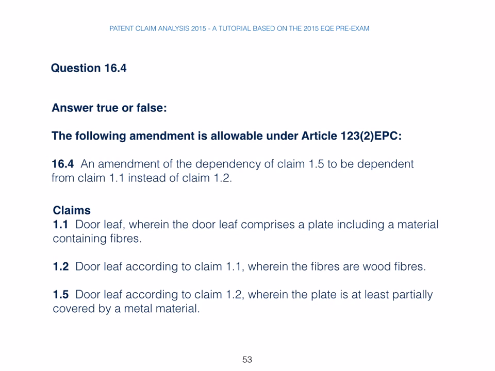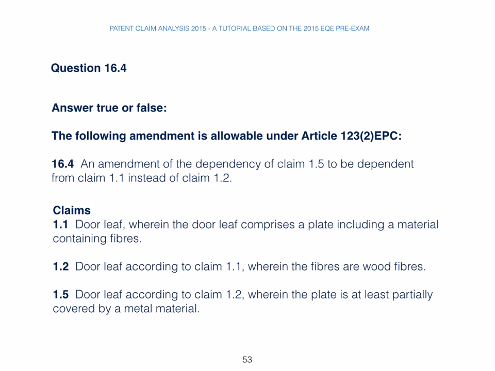16.4 is a slightly different question. Is the following amendment allowable under Article 123(2) EPC? An amendment of the dependency of Claim 1.5 to be dependent from Claim 1.1 instead of Claim 1.2. Claim 1.5 depends upon Claim 1.2, which depends upon Claim 1.1.